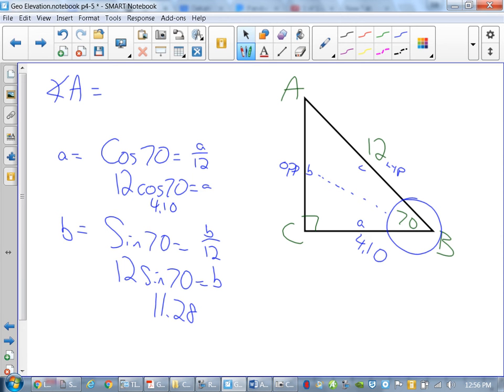What's the complement to 70? 20. 70 plus what is 90? 20. The 2 angles that aren't 90 are always complementary. Just remember the rule of complements. Or just add all 3 of them together and subtract from 180. It does the same thing.